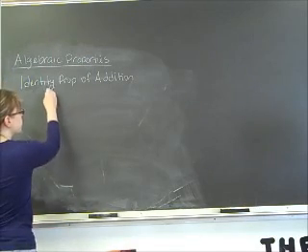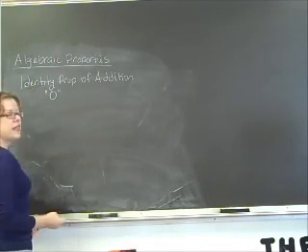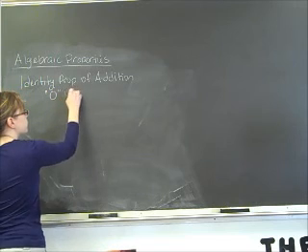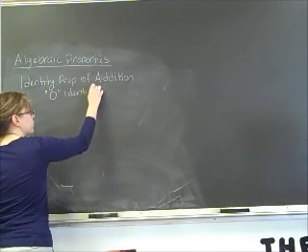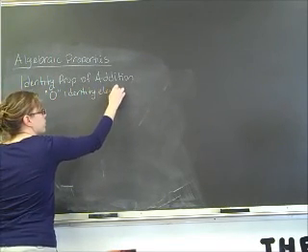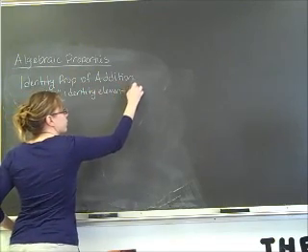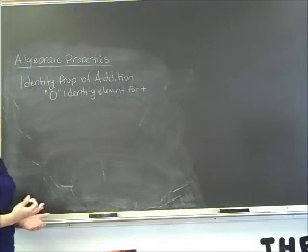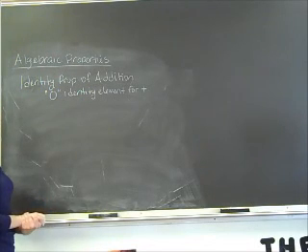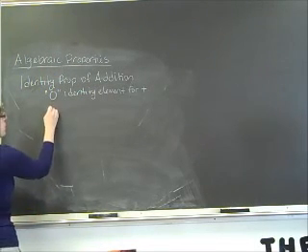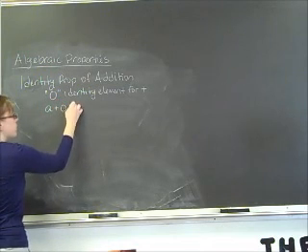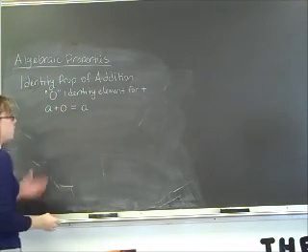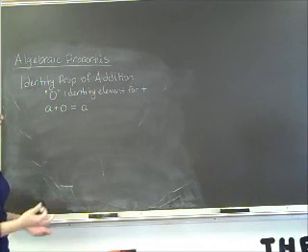For addition, the identity element is 0. And so the property states that we can add 0 to any number and it doesn't change what we started with. So a plus 0 equals a. And we could reverse that and say 0 plus a equals a as well.